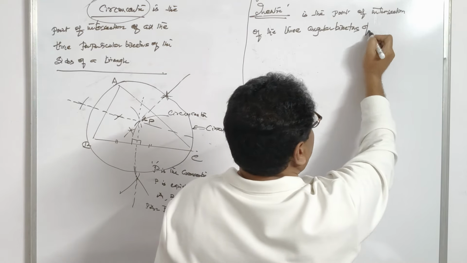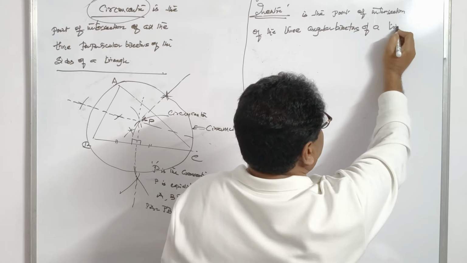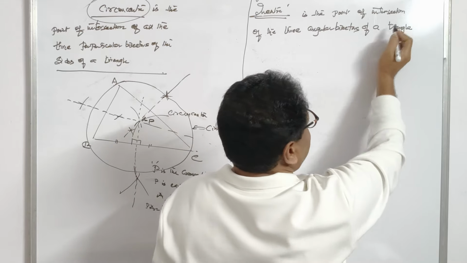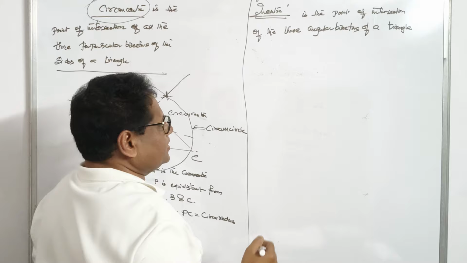Since a triangle has three angles, we are going to bisect the three angles.